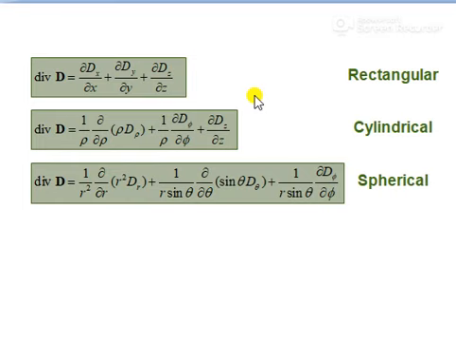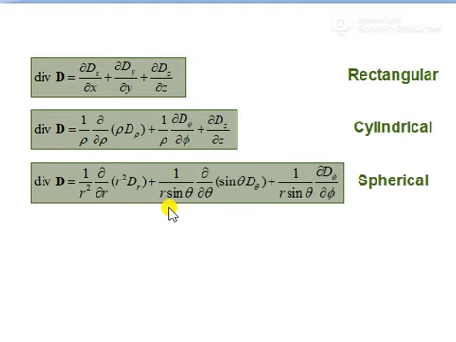This is for rectangular. For cylindrical it is (1/rho) ∂(rho Drho)/∂rho + (1/rho) ∂Dphi/∂phi + ∂Dz/∂z.